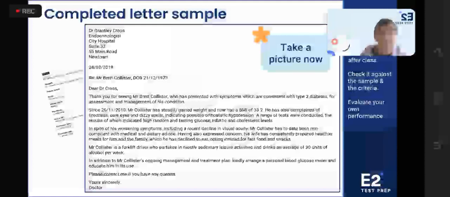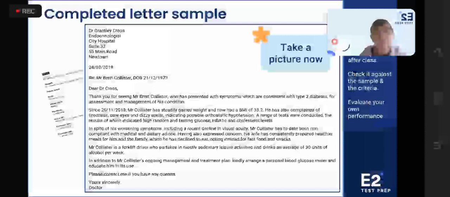Since the 26th of 2018, Mr. Collister has steadily gained weight, which is an interesting thing, and now has a BMI of 33.2. Okay, so we've used the present perfect here. Since that day, up to now, he has steadily gained weight. He has also complained of tiredness, sore eyes, and dizzy spells, indicating possible orthostatic hypertension.